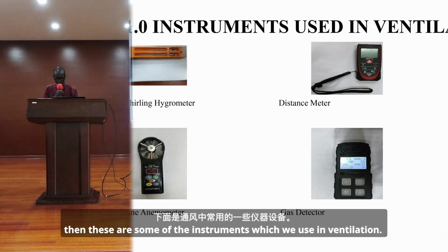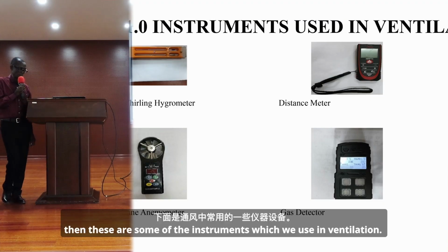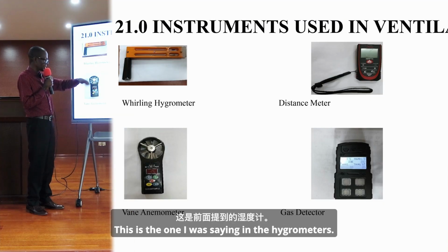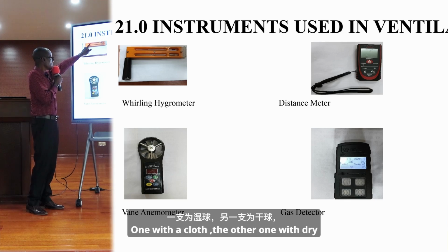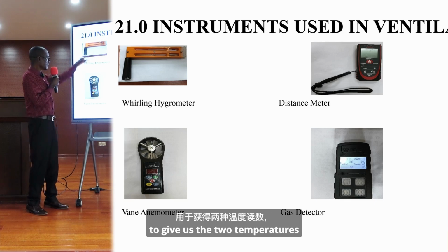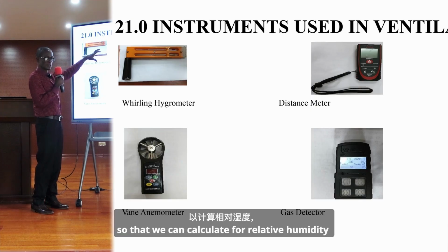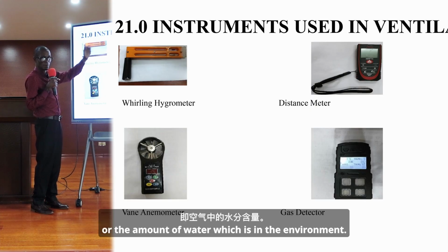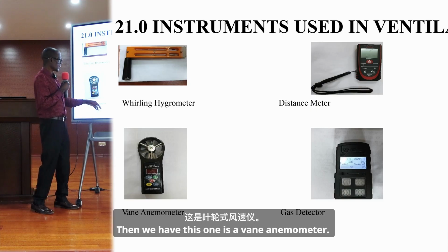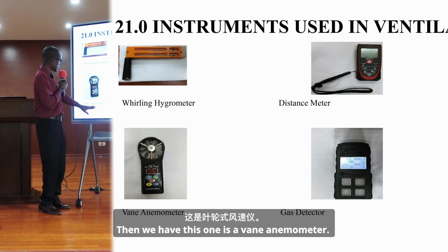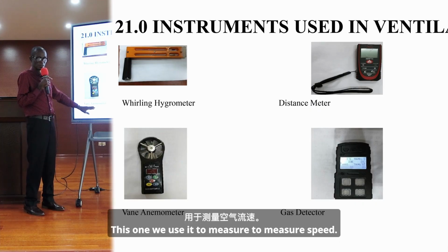Then these are some of the instruments which we use in ventilation. This is the one I was saying, the thermometers. One with a wet cloth, the other one dry, to give us the two temperatures so that we can calculate the relative humidity, or the amount of moisture in the environment. Then this one is a vane anemometer. This one we use to measure speed.